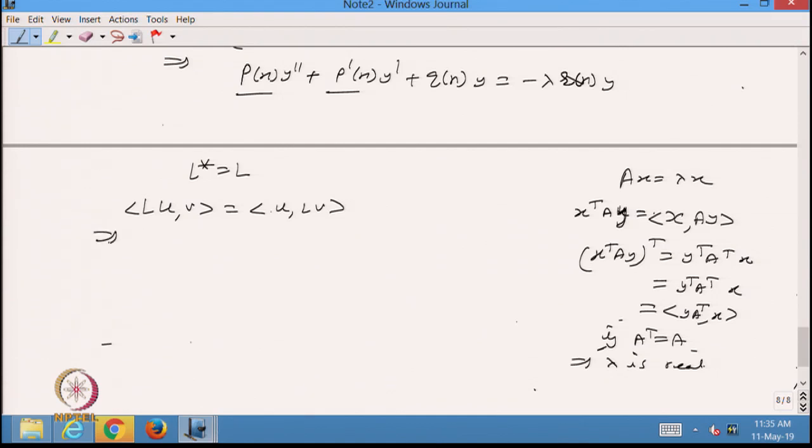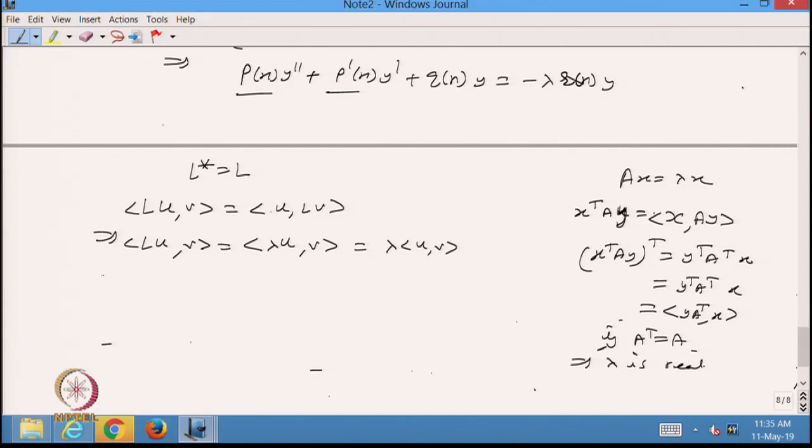Now Lu is a type of eigenvalue problem, so I can write Lu as lambda u, and lambda I can take common, so it is lambda times the inner product of u and v.